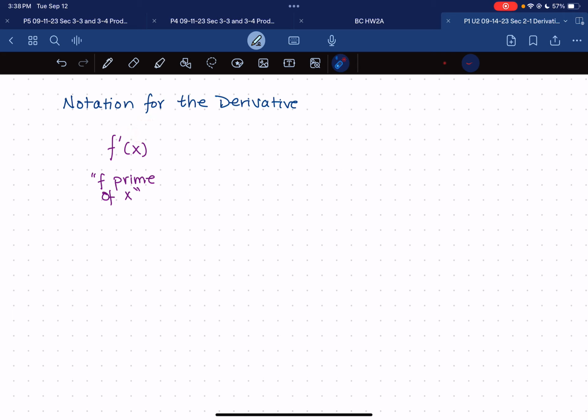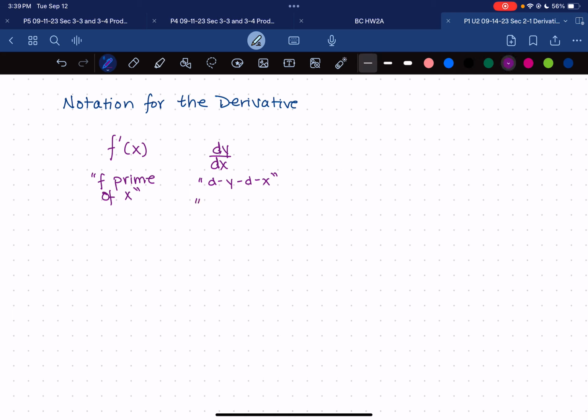If it's not written in function notation, if it just says y equals, you can say dy dx. Notice I'm not saying dy over dx, although technically it is dy over dx. Still, people just say dy dx.